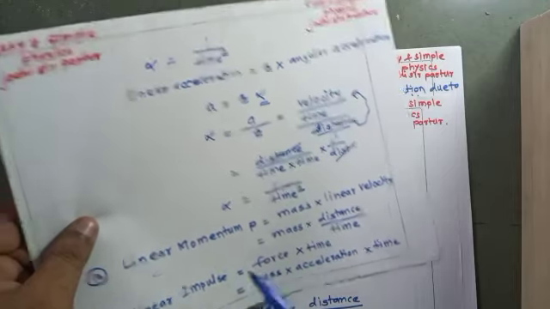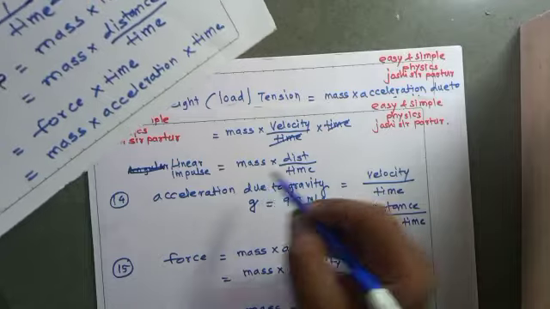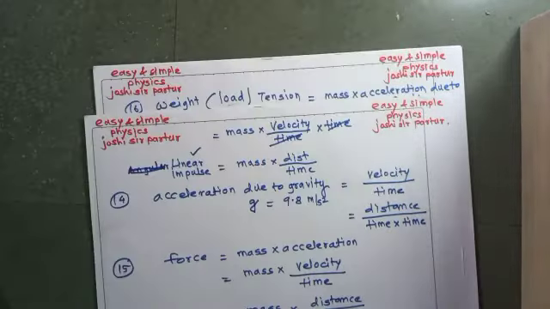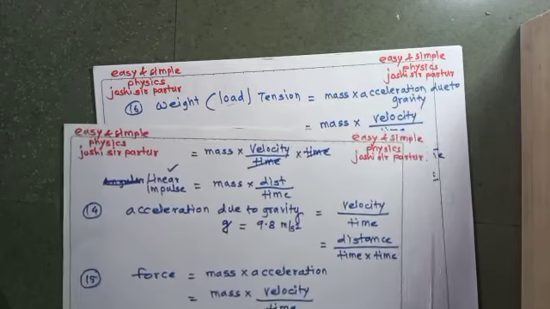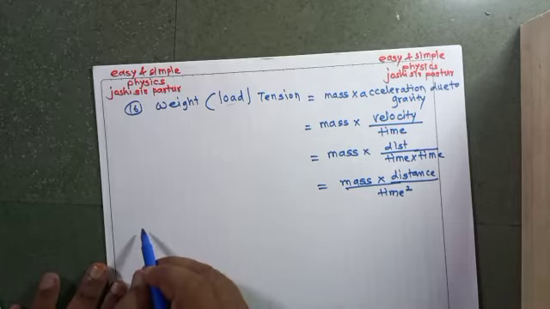So linear momentum and linear impulse are the same quantities. If the formulas are equivalent or similar, then we can say that both quantities are the same.